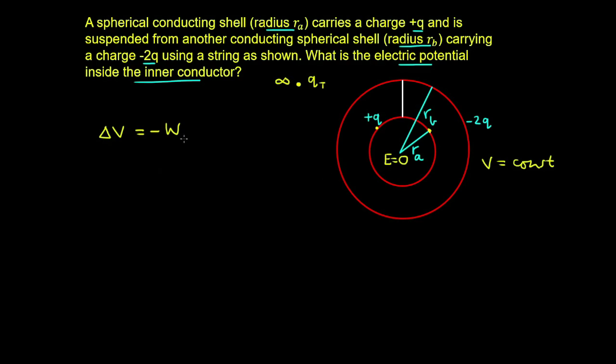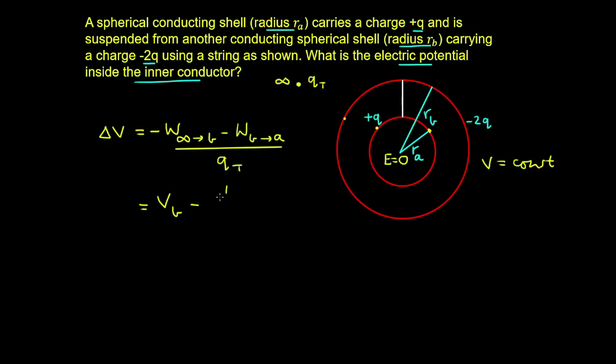So we can break this up as minus the work done as the charge is moved from infinity to a point on the outer shell, minus the work done as the charge is moved from B to a point on the inner shell. And this is divided by the test charge. So minus the work done by the electric force from infinity to B on the test charge is the electric potential at B.